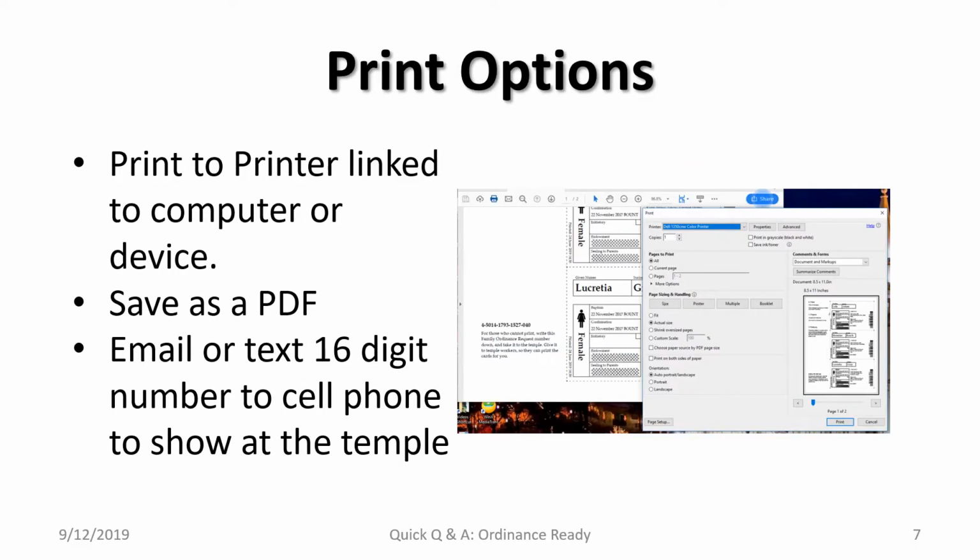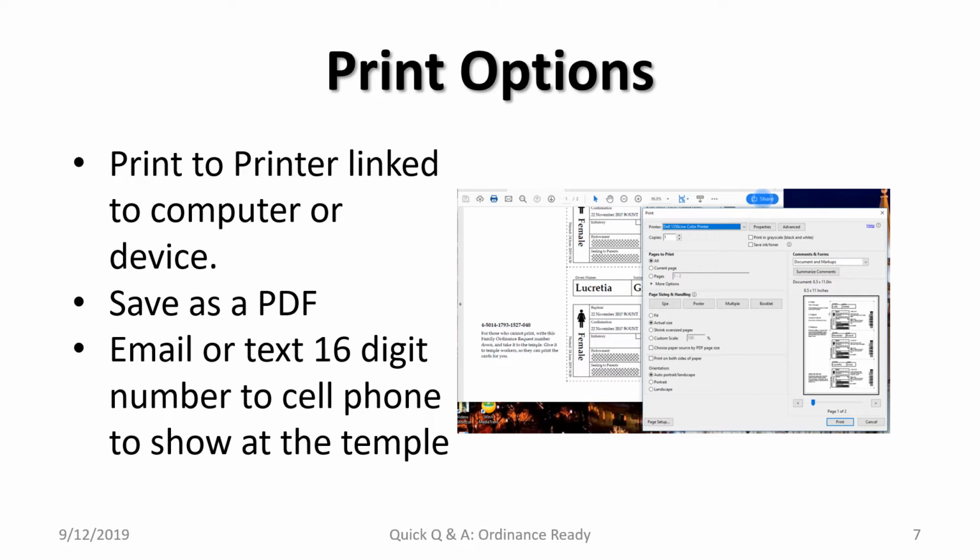Depending on how your computer or device is linked with the printer, there are 3 main ways to print out the temple ordinance cards. If the computer or device is connected to a printer, simply select the correct printer. If there is more than one page, make sure single-sided option is selected.